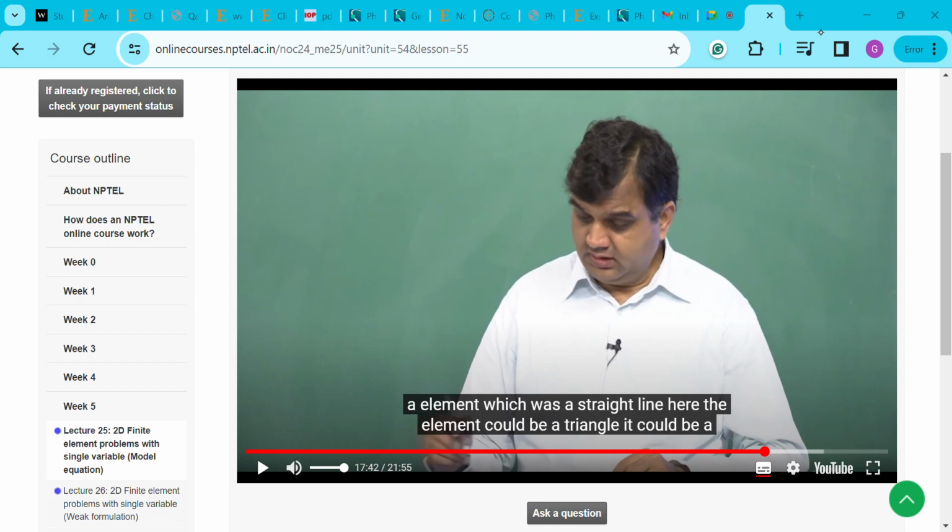Here u is 0, so at x1 this term would be 0, but at the other end this will become 1, because we write W as Ni Wi, and Wi excludes the large body if you remember, and this Ni would be 1 here, and we get whatever this term is that remains.